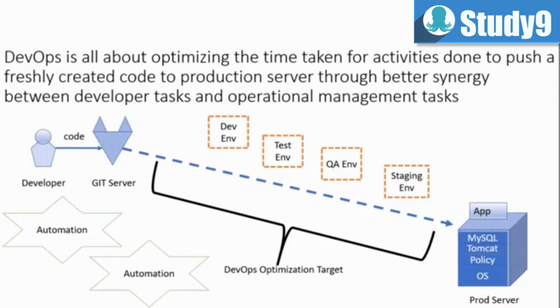Now, for all these environments, you have to do the OS provisioning, policy provisioning, middleware provisioning, database provisioning, application deployment, and application testing again and again. Typically this was done manually by involving people, and it used to take a lot of time.